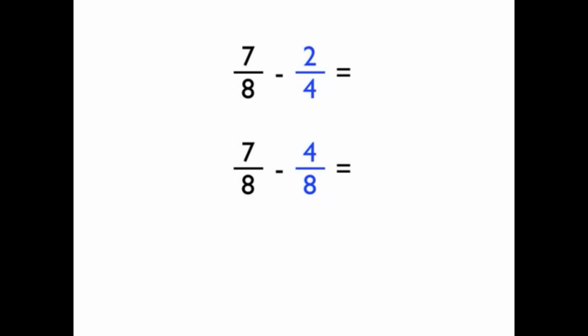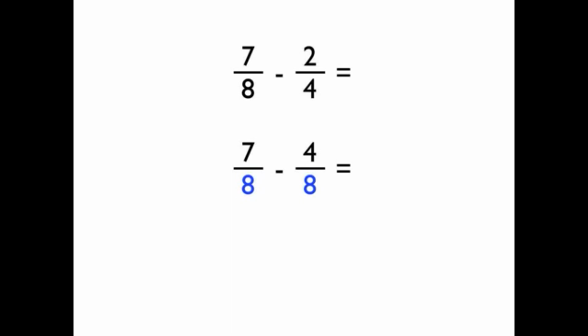Okay, a look at how subtraction works now. 7/8 take away 2 quarters. What I've done here is I'm trying to work towards rewriting the fraction sum where the denominators are the same. So I've found an equivalent fraction to 2 quarters, which is 4/8. And now that I've got that far, I've rewritten the fraction sum, and you can see that the denominators are now the same.